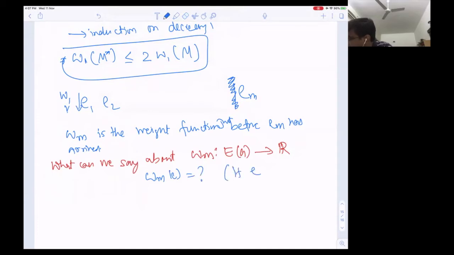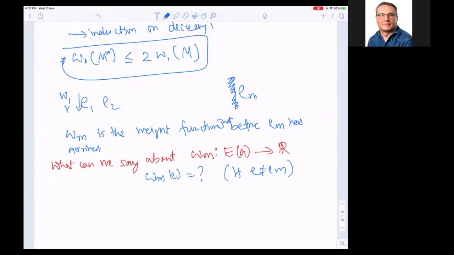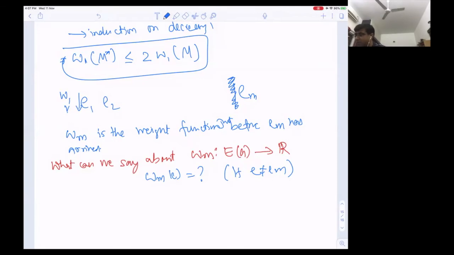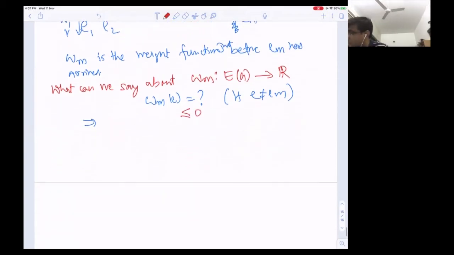If E is not equal to Em, can we say anything? It's negative. It's negative, correct. So for every edge, the weight is less than or equal to 0. So this is a property of this. Okay, great.